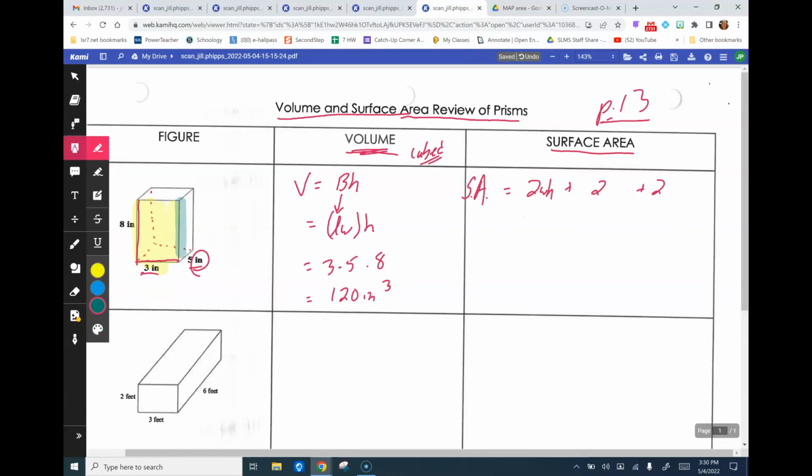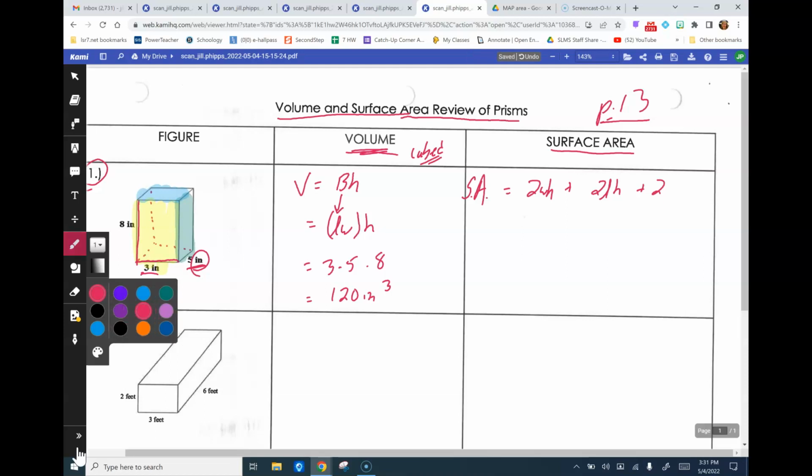Now if I do this side right here, that would be a length and a height. And then you can see what is left is going to be this top part. And just like we did in class, that means that I'm going to have a width and a length.